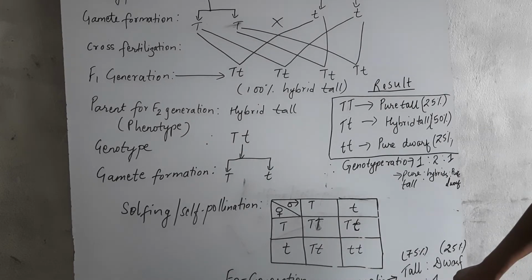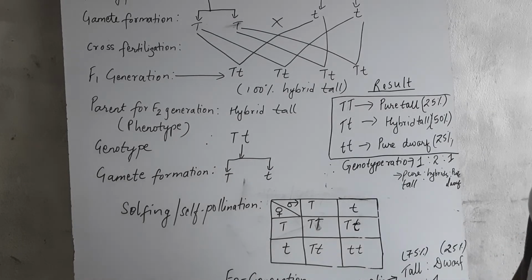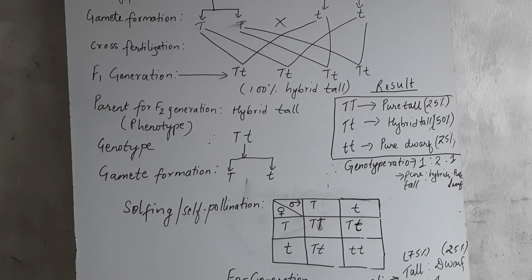So in this way we can perform monohybrid cross in any of the 7 pairs of contrasting characters studied by Mendel on the pea plant.